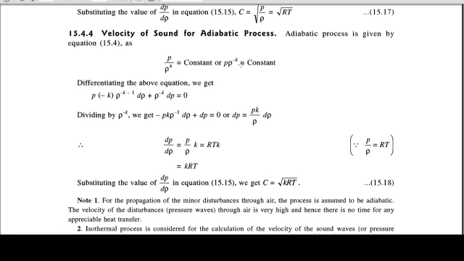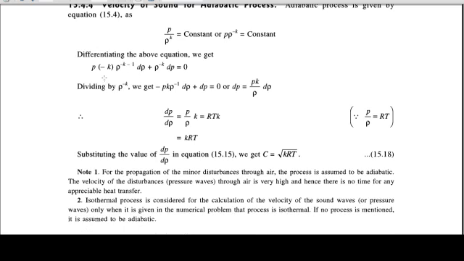Okay, now differentiate this term. After the differentiation, we will get P into minus K into density raised to minus K minus 1 into d rho plus P rho raised to minus K into dP is equal to 0.